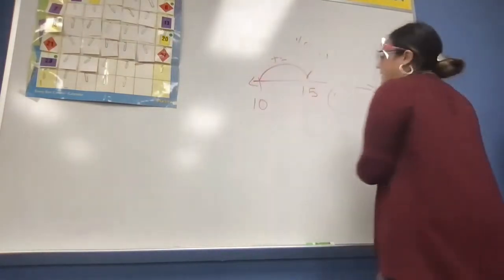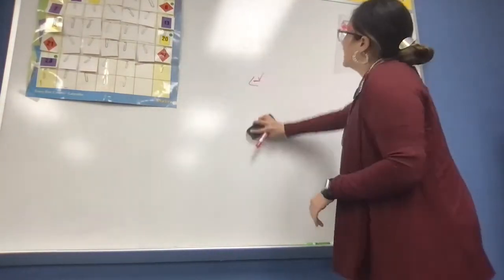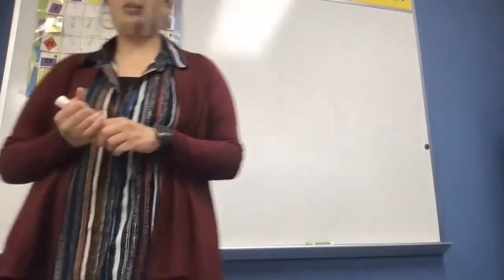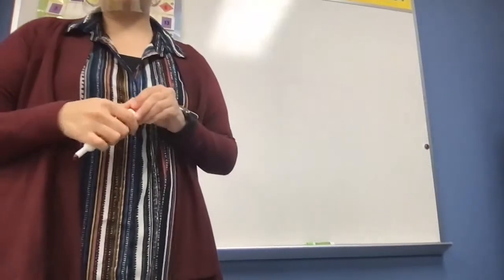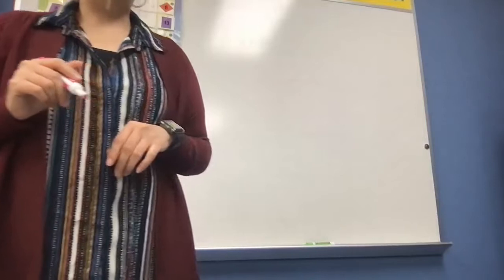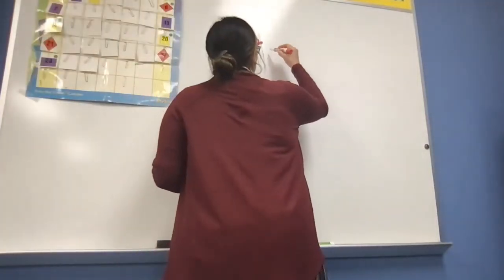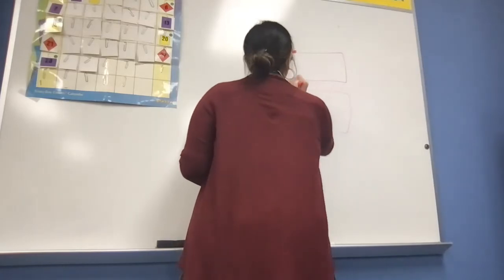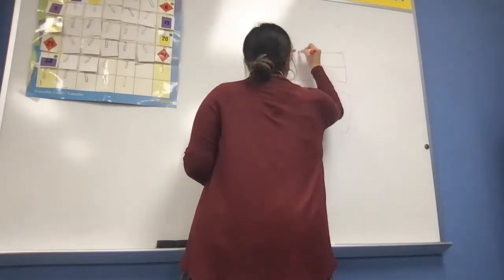Now, we're going to use the same 3 methods, but this time instead of adding, we are going to subtract, okay? So again, I'm going to start with my base 10 frames. You shouldn't be writing anything right now. Not yet. I'm going to start with mine. You already have yours, so you don't need to write anything.